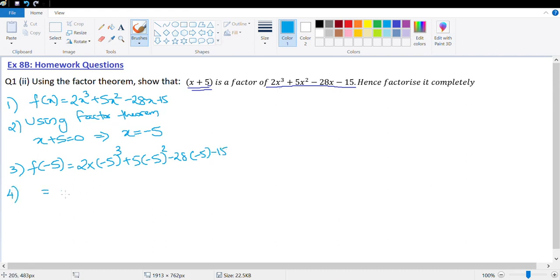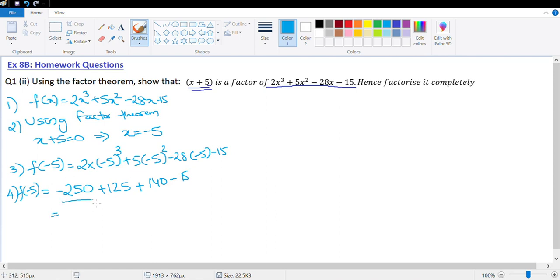So that's f of negative 5 is equal to negative 5 cube, that's negative 125 multiplied with 2, that's negative 250. This is 25 into 5, that's 125. Negative 28 into negative 5, that's 140, and this is negative 15.